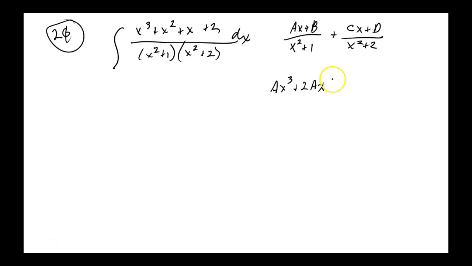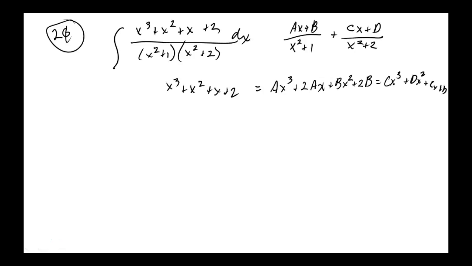And then you also have plus bx squared plus 2b, is equal to cx cubed, let me get these in the right order this time, plus dx squared plus cx plus d. And that's supposed to equal x cubed plus x squared plus x plus 2.